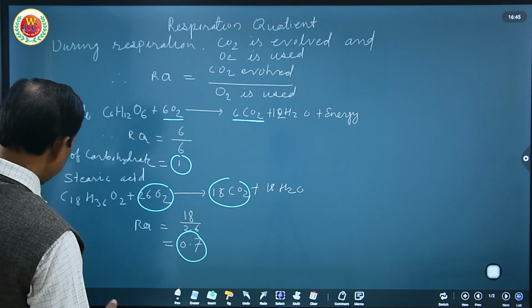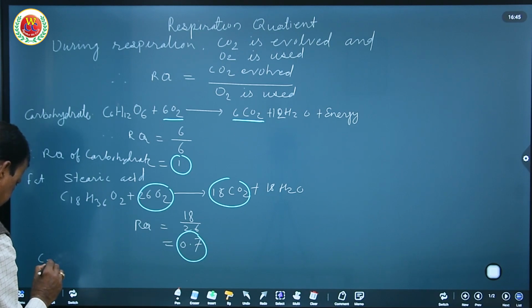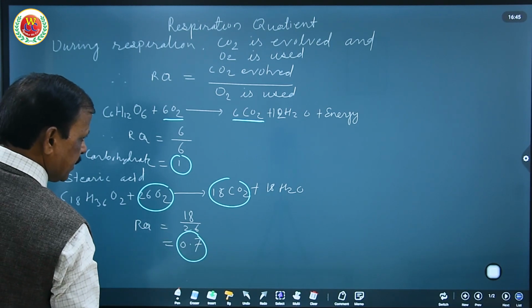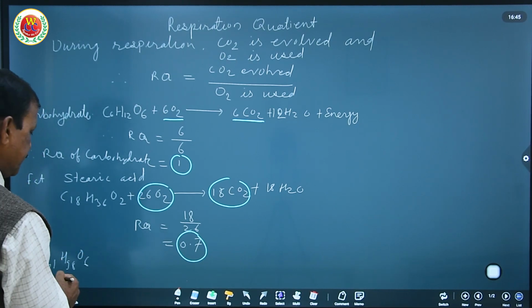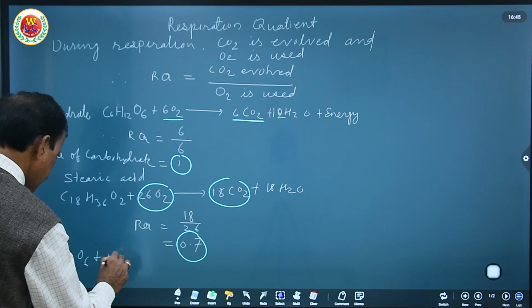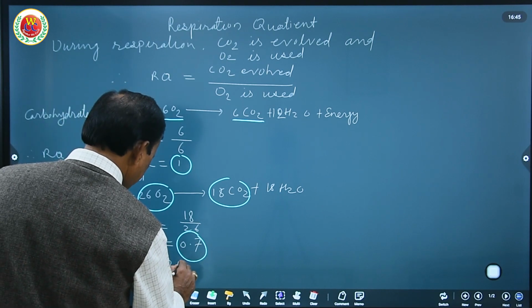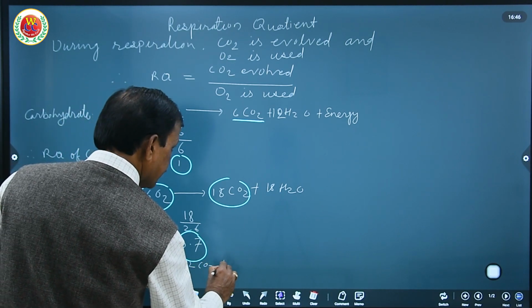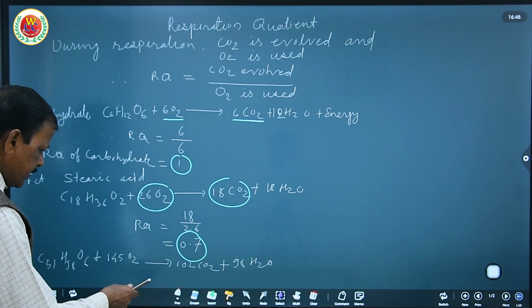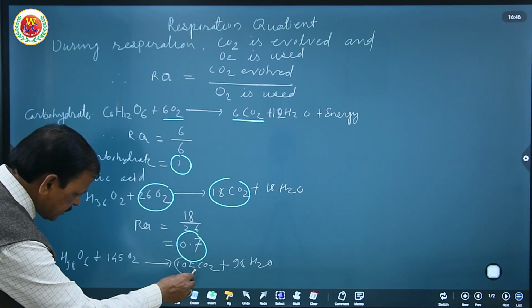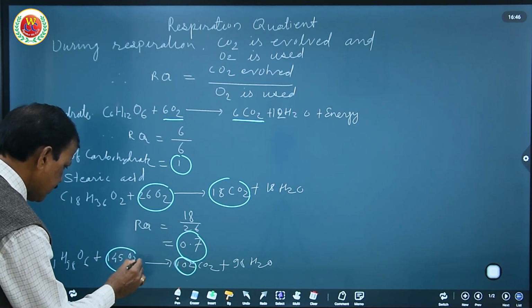For example, tripalmitin, C51H98O6, will require 145 molecules of oxygen, releasing 102 carbon dioxide and 98 molecules of H2O. So carbon dioxide released is 102 and oxygen used is 145.